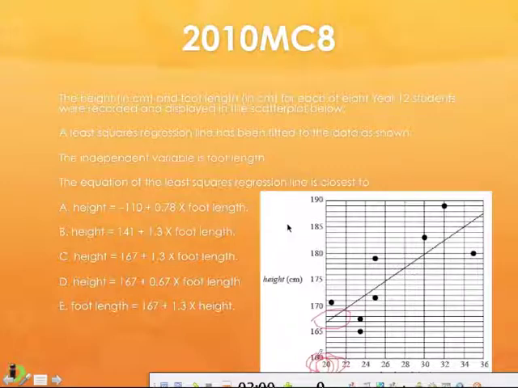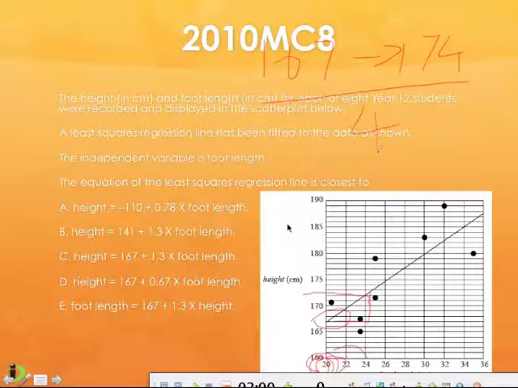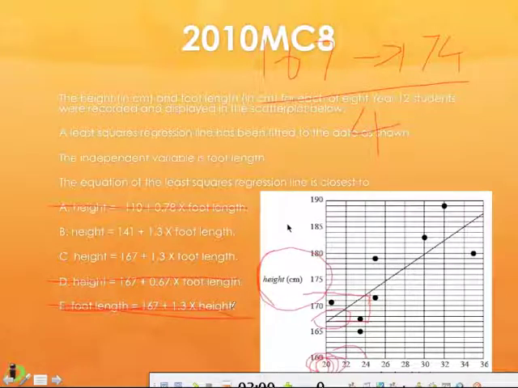Now the gradient you can find, you go from about 167 up to about 174 in a run of 4. So rise over run: 174 minus 167 divided by 4 gives you about 1.3, which then crosses off that one and that one. Now, the other thing you can look at to cross off another one is height is your y value, so that crosses off E. Now you're down to a 50-50, which is where Theo gets it right and I get it wrong.